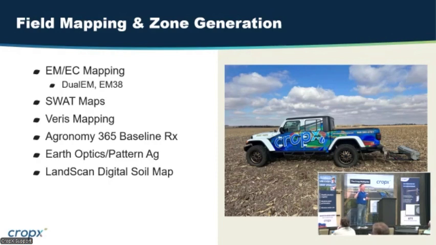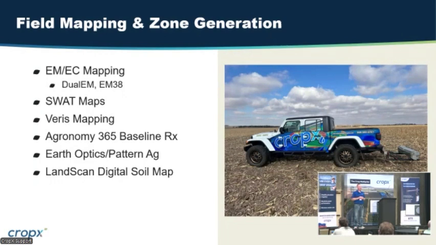Originally, when we got started, there were two main sensors out there that did the majority of this type of mapping, DUALEM and EM38, both sensors out of Canada. Fairly old technology now, not the most automated when it comes to field mapping. SWOT Maps is the next generation of that.